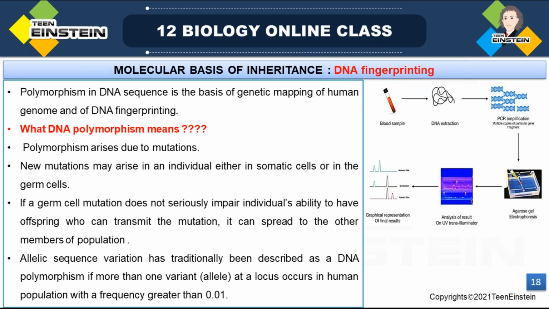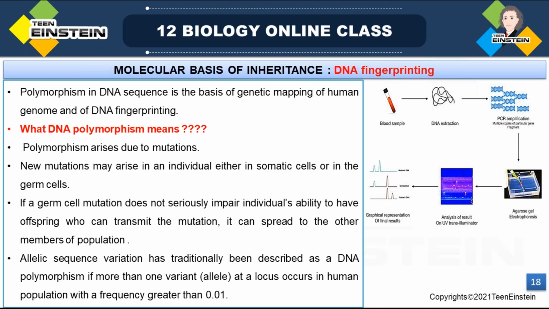So suppose in germ cells or in sex chromosomes these mutations occur, then this type of mutation is not at all affecting the reproductive capacity of an individual. Then through reproduction, the mutation or change made in that particular germ cell or sex chromosome can be transferred to the next generation, right?